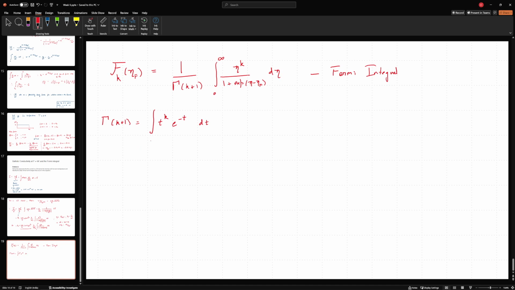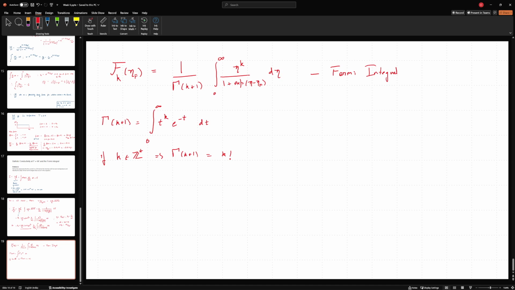So this quantity can be integrated by parts, and we can see that if k belongs to the positive integers, then gamma of k plus 1 is equal to k factorial.